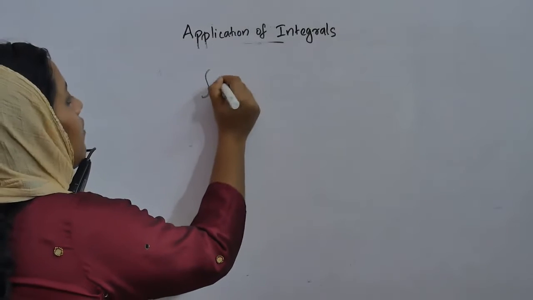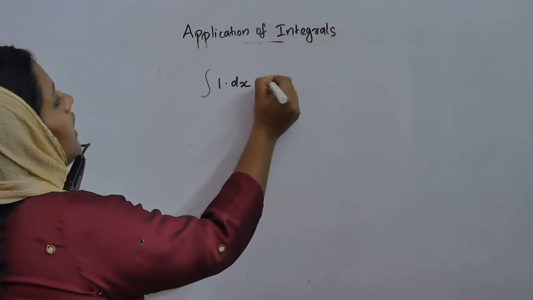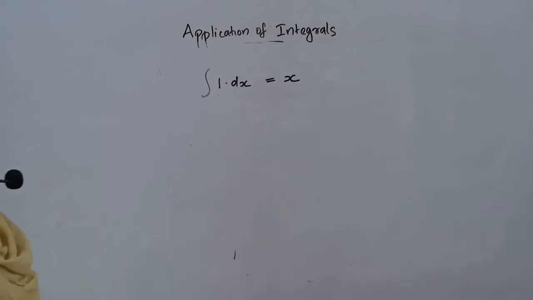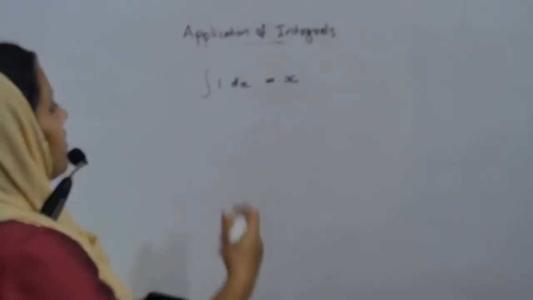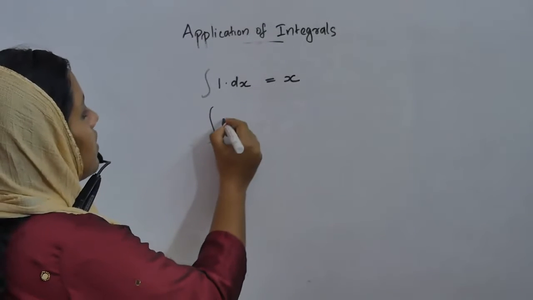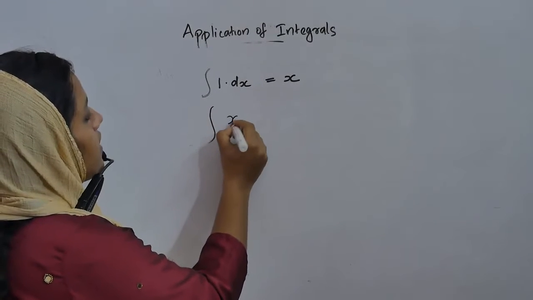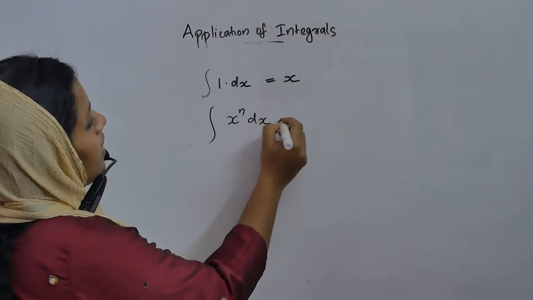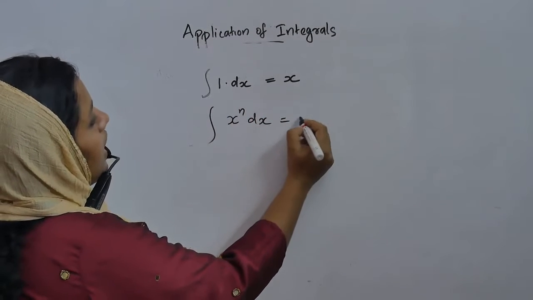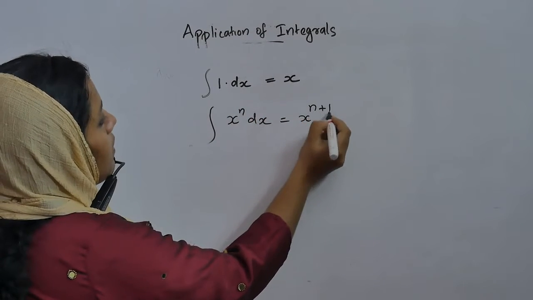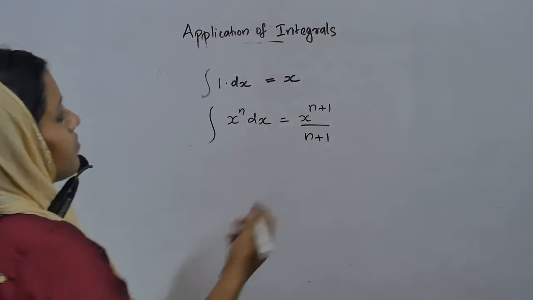So what is integral 1 dx? Integral 1 dx is x. Now what is integral x raised to n dx? That is x raised to n plus 1 by n plus 1.